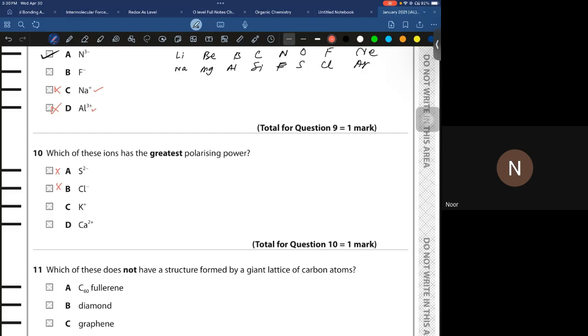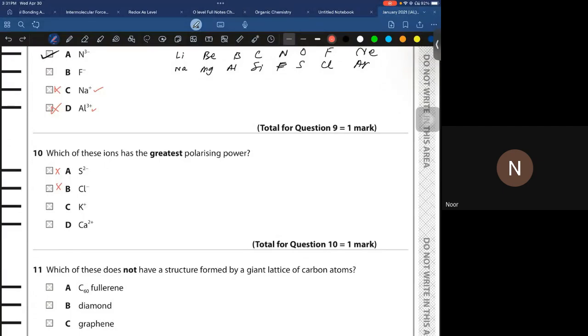Remember, they are asking for the greatest polarizing power. Anions are not going to polarize the cations, so they are not going to have polarizing power.